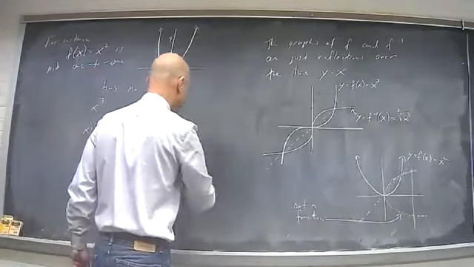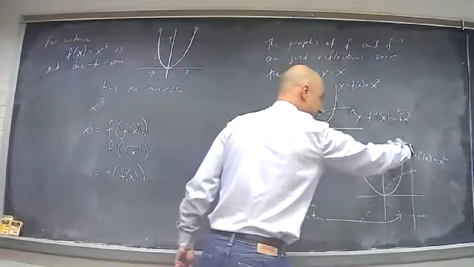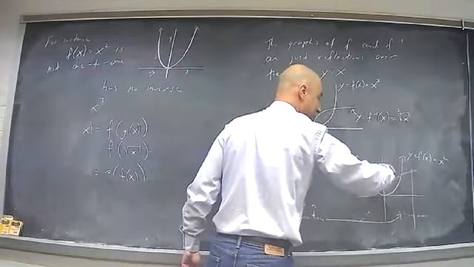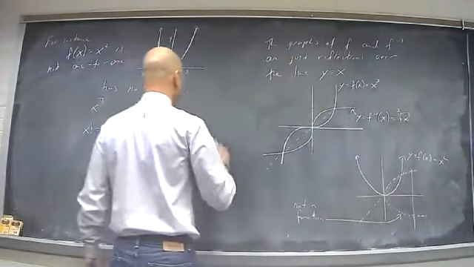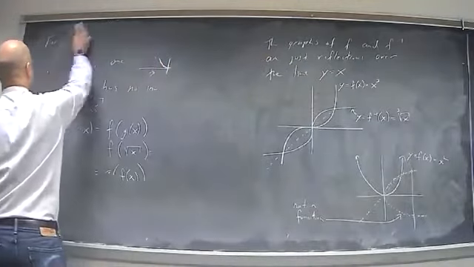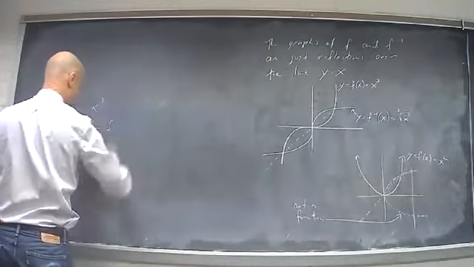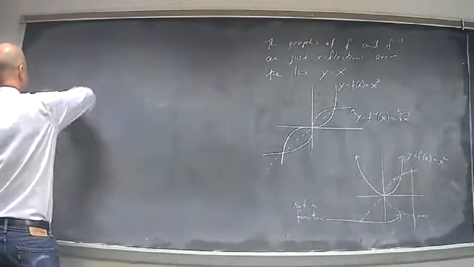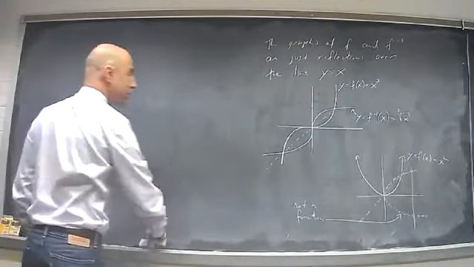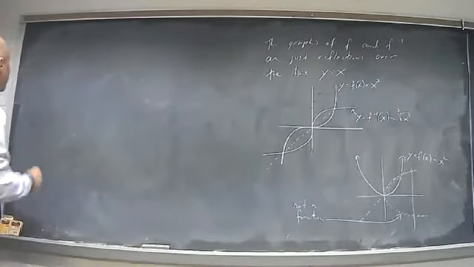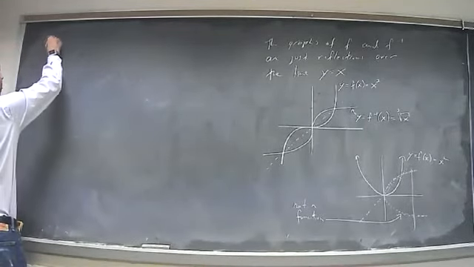The original curve, y equals x squared, fails the horizontal line test, and reflected over the line y equals x, what you get fails the vertical line test. Okay. That's enough of composition. I want to talk a little bit about piecewise defined functions.